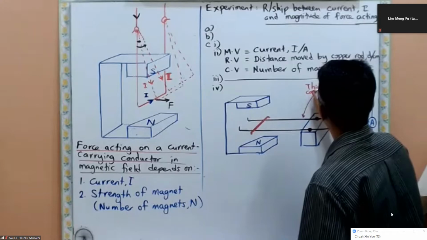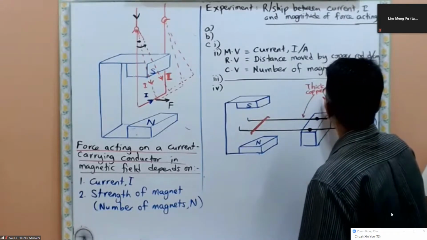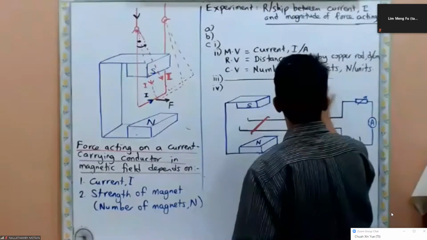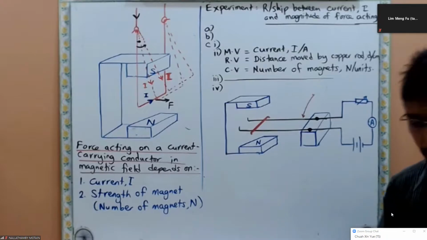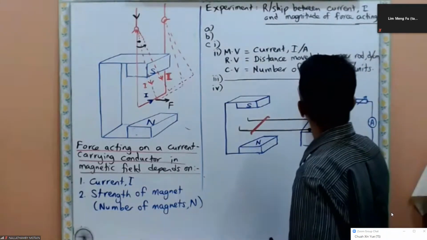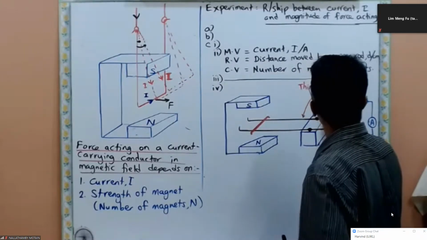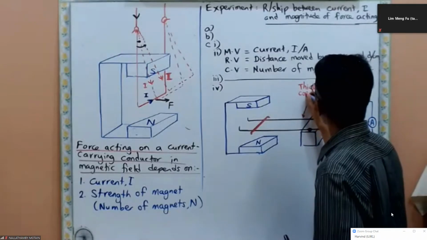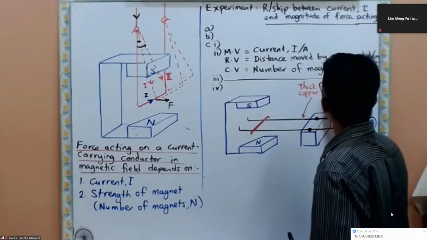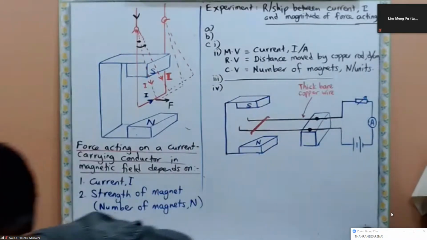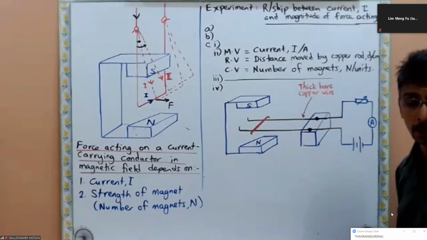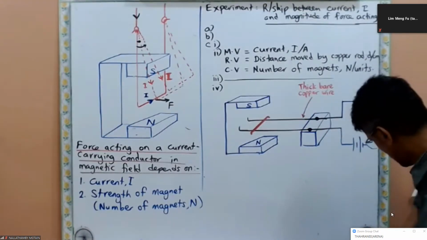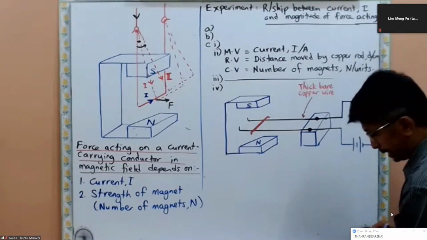This one we have to label as thick bare copper wire. Thick bare copper wire, B-A-R-E.